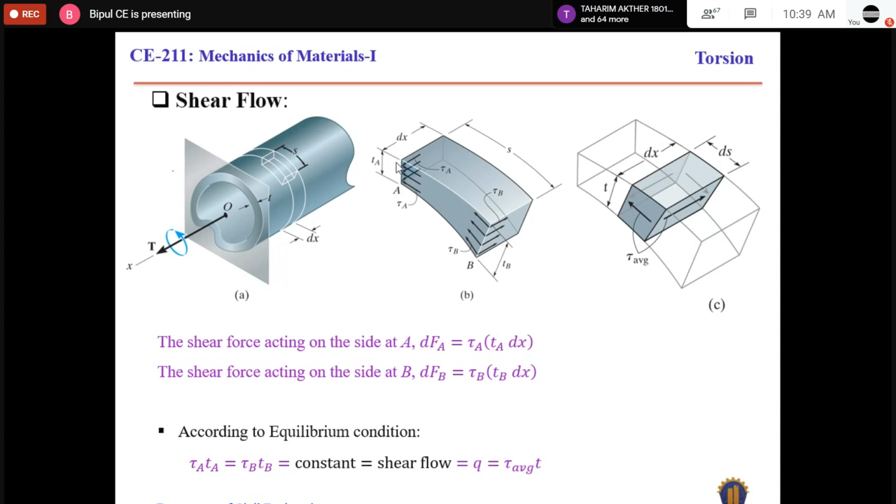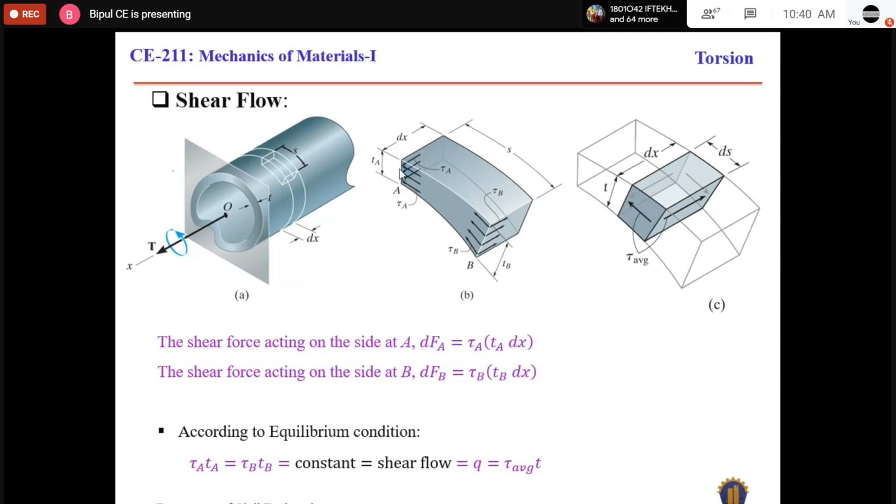So there are two locations, A and B. At this location, say the thickness is tA, and here the thickness is tB. The shear stress developed at this location is tau A, and at this location tau B. The length of the element along the axis of rotation is dx, and the length along the perimeter of the body is s.